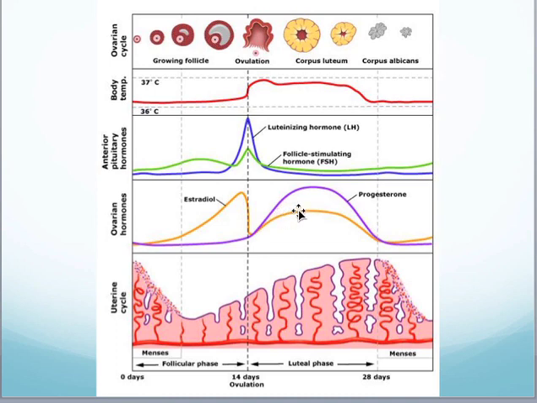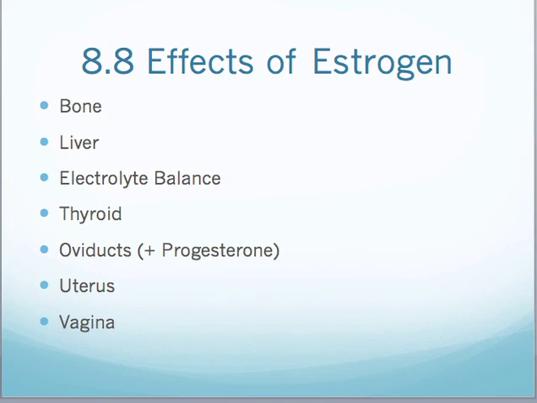And again, it remains a little bit steady during the whole cycle. They both drop again once the cycle ends, as the body and the uterus prepare for the next cycle during menstruation.